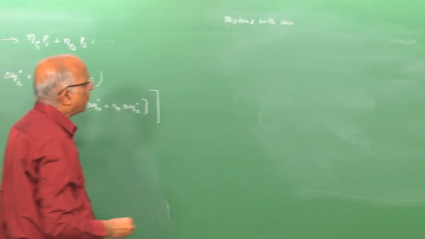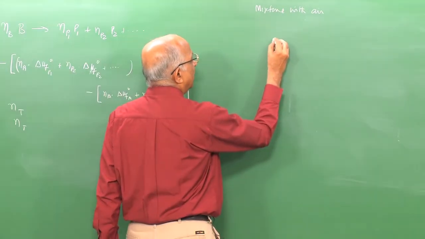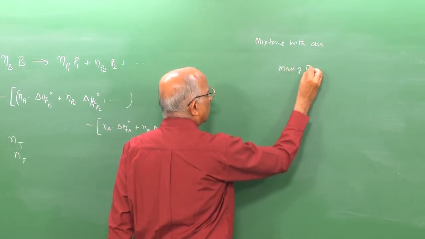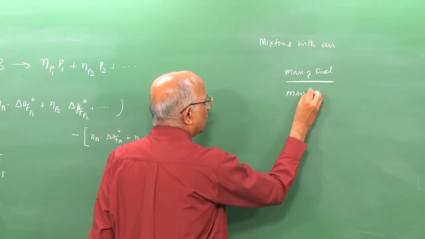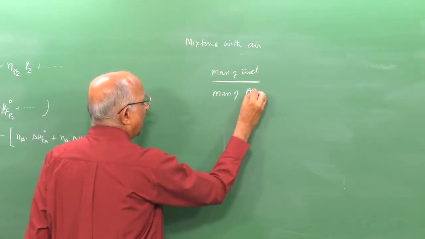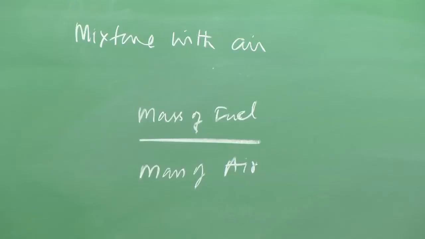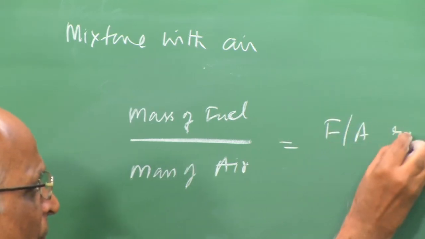When we say a mixture, we also talk in terms of mass of fuel divided by mass of oxygen, or, let us say, air, because we are considering air: mass of fuel divided by mass of air. When it is in the mass ratio, we call this the fuel to air ratio.